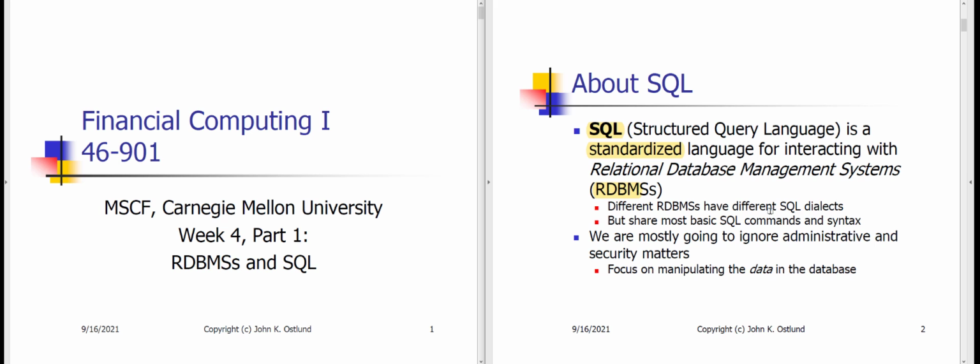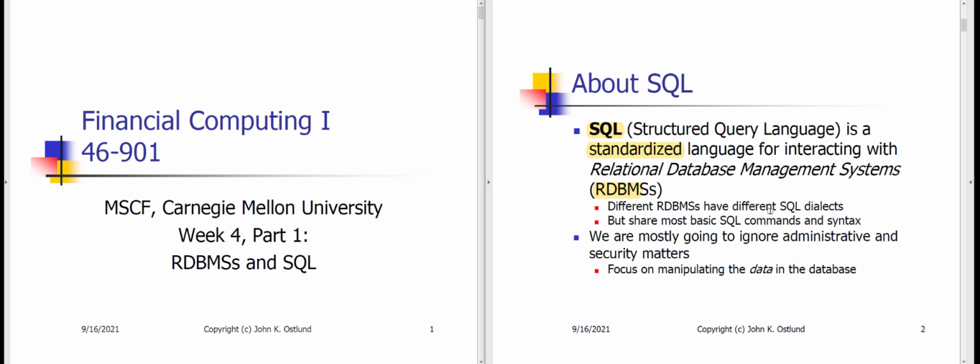So a database management system is a system that stores and allows you to administer and fetch and update information. A relational database management system is a database management system that does this using what are called relations, which we just think of as tables, basically, with columns and rows.